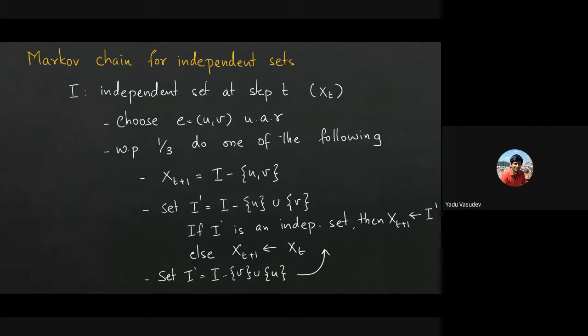Okay. So then let's try to understand this Markov chain and see how to use path coupling in this Markov chain. Let's see what the coupling should be. Notice that the coupling is going to be defined first for two states xt and yt, which differ in exactly one vertex.